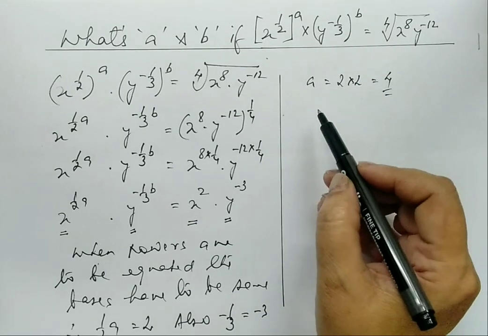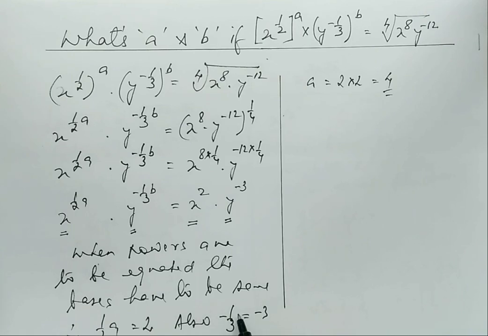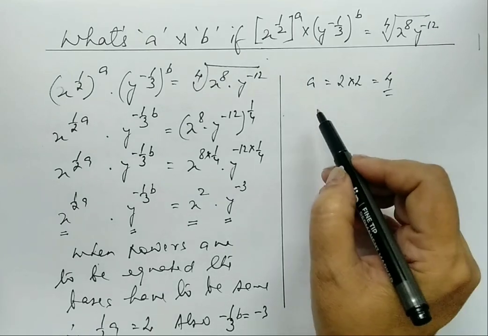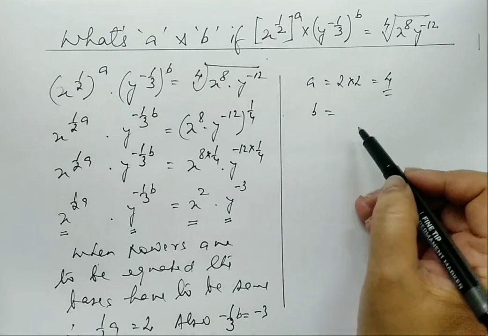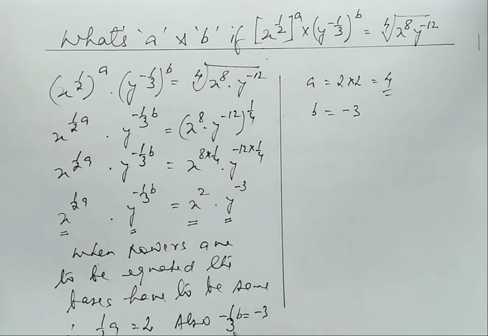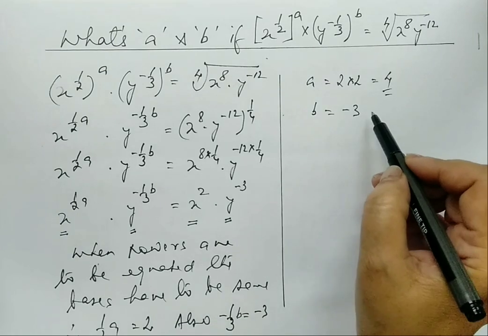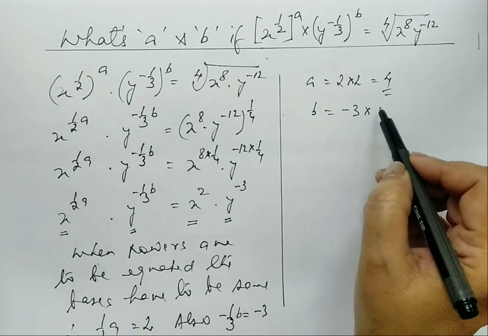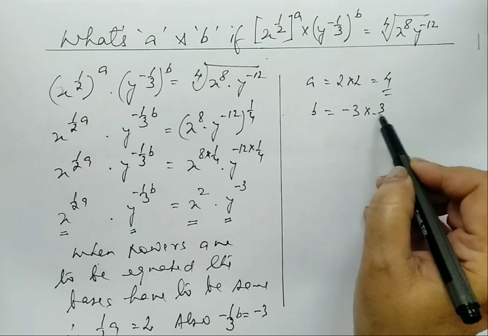and b equals to minus 3. What about this? Since this has got a minus, it means that we have to carry forward the minus, but this will go to sit on the numerator. Correct?